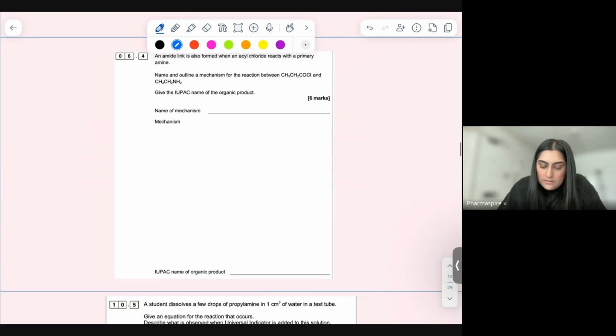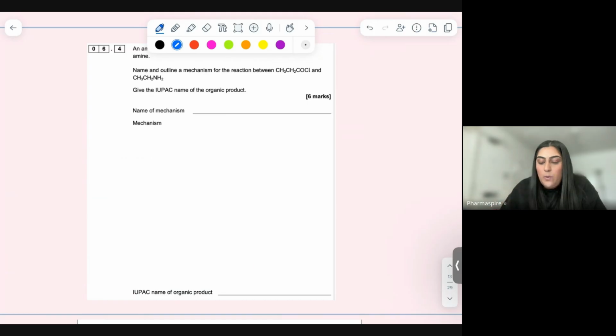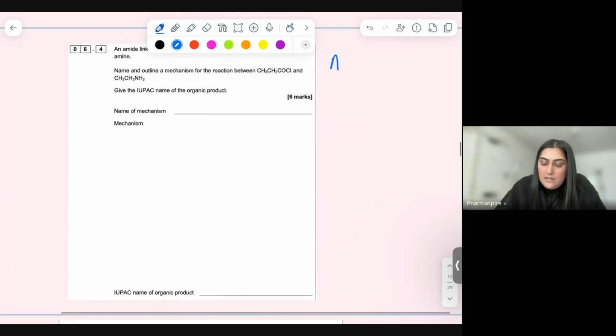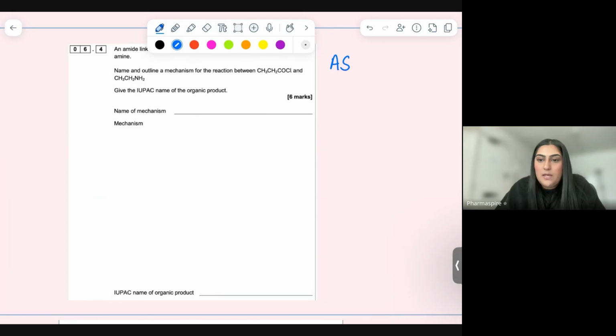Cool. Right. So my typical way of remembering this is anything you did in AS. What's the first name of the mechanism you ever learned in AS? Obviously not free radical, but what's the first one you ever did? Some of you got taught nucleophilic substitution, yeah? So nucleophilic, what's the other one? I think with OCR, you get taught another one first.